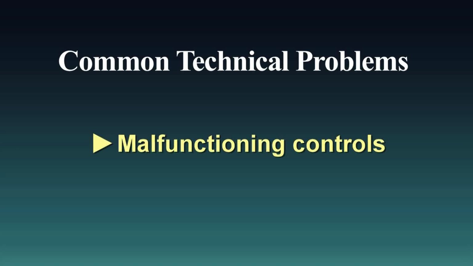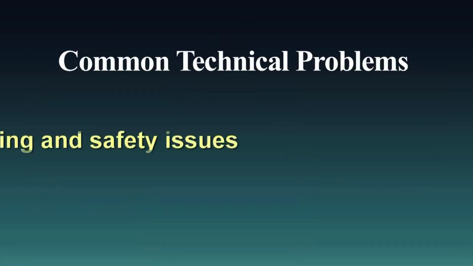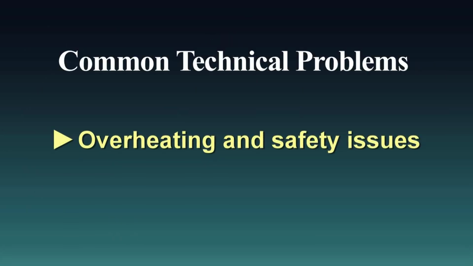If the thermostat is faulty, it may not accurately control the temperature, resulting in inconsistent heating or overheating issues. Malfunctioning controls. It includes issues like control buttons not responding, knobs not turning smoothly, or display screens not functioning properly. Overheating and safety issues are another common problem of a room heater or cooking heater.